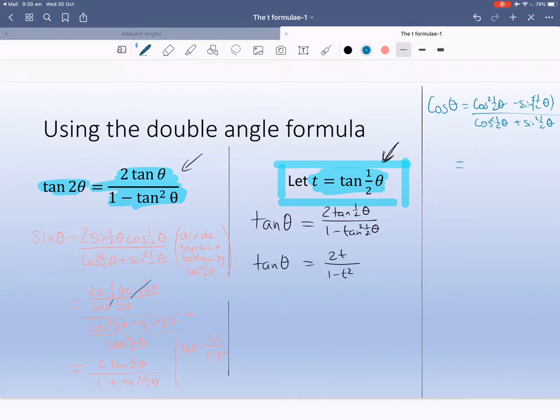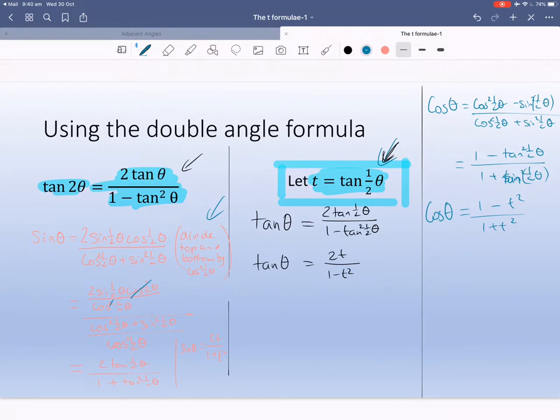That means the top will be 1 minus tan squared half theta, because sine over cos is tan. So I'm using exactly what we did before. And at the bottom, it's going to be 1 plus tan squared half theta. And so if I use my t substitution, it will be 1 minus t squared over 1 plus t squared. That should be tan here. All right, so obviously I made a mistake.